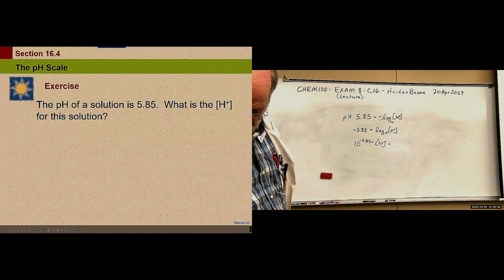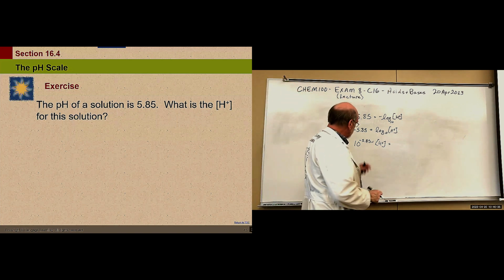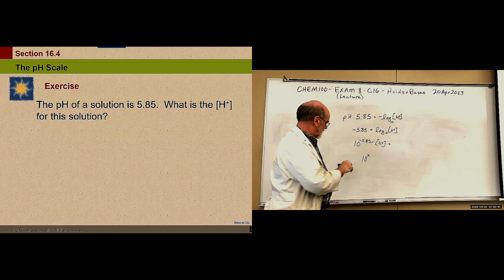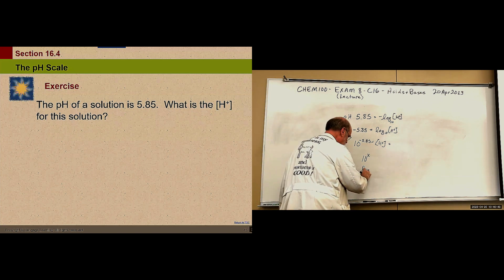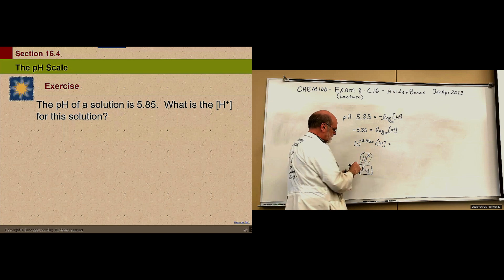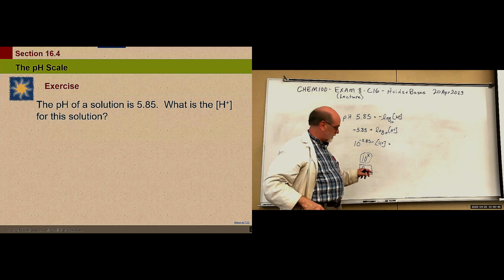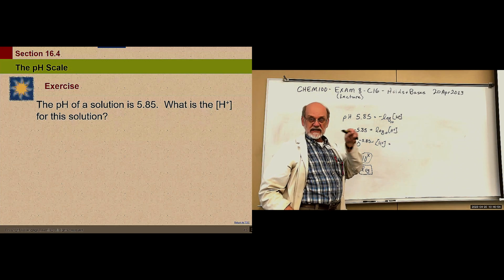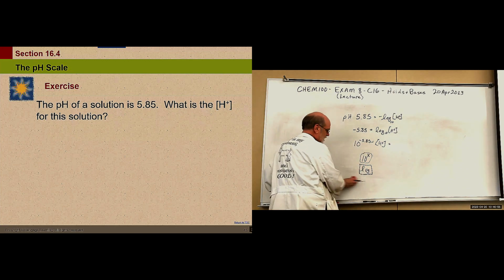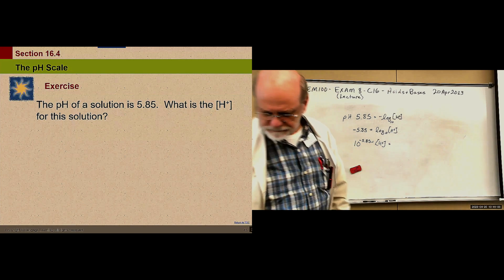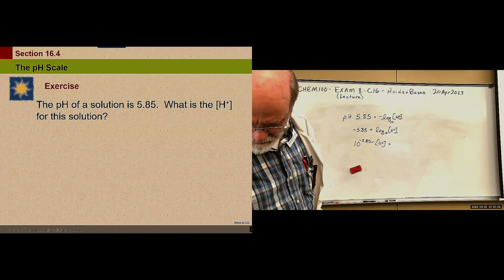There you go. So let's punch it in the calculator. 5.85, change the sign, and then your calculator will have a key in it, 10 to the X. There'll be a log key here, and then there'll be above it. So you'll have to hit the shift or the function key. And if we do that, there's mine.